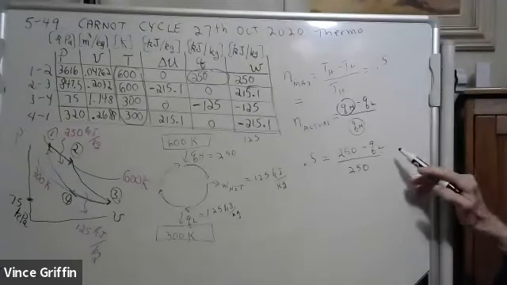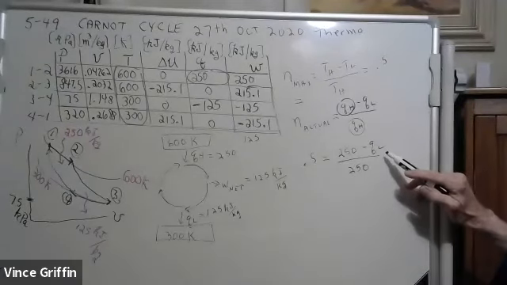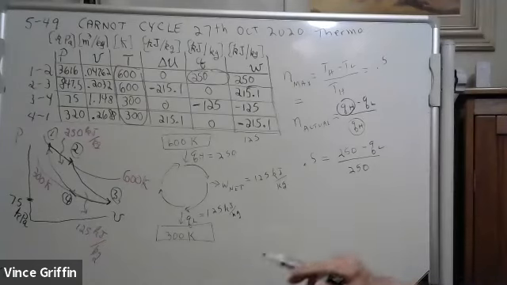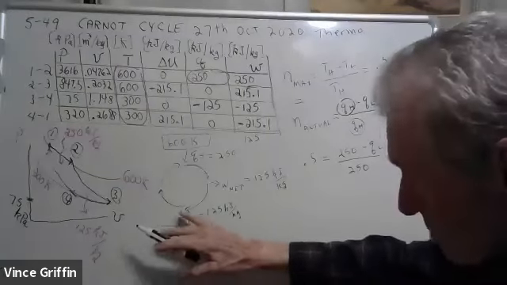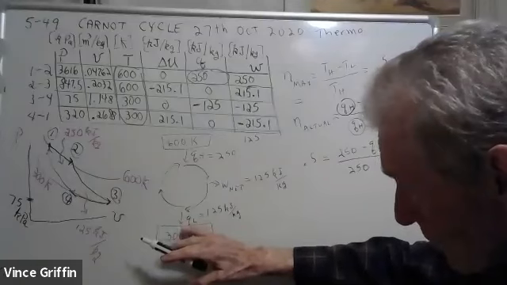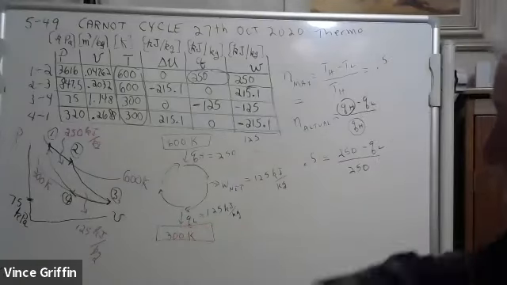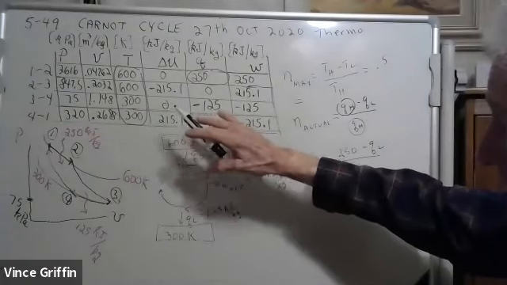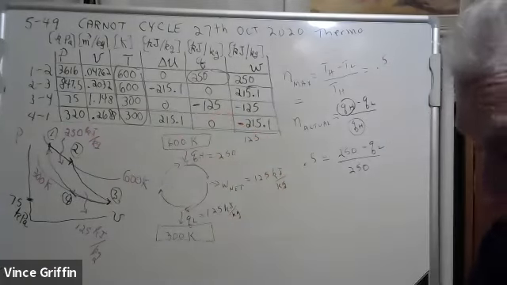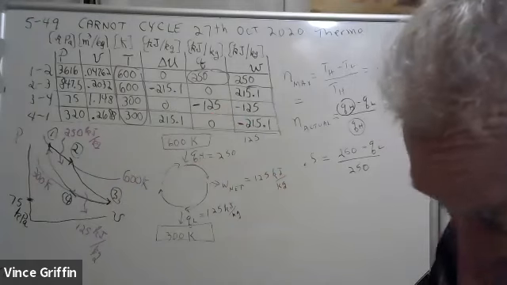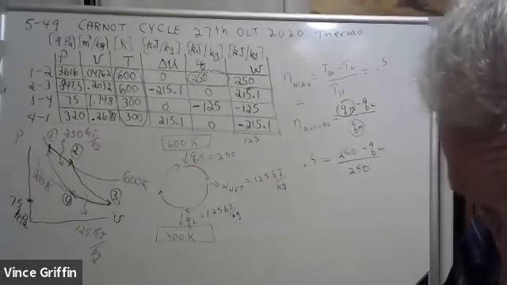Now, if you solve that for Q sub L, you'll get 125. And because it's leaving and going out and heating up Oklahoma, it's a negative 125. That's where the negative 125 comes from. Did that help? Yes, it did. Thank you.